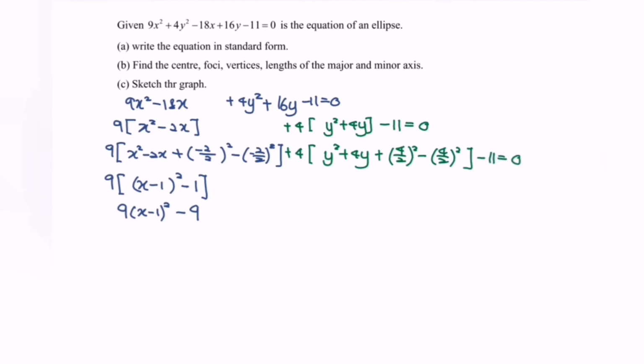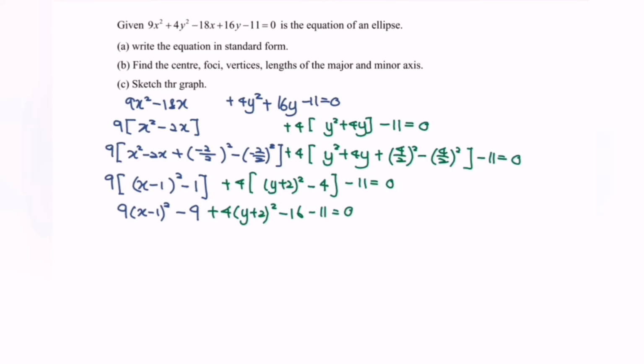Simplify: 4 bracket y plus 2 bracket square minus 4 over 2, which is 2, then 4 minus 11 equals 0. Expand: 4 multiplied by y plus 2 bracket square minus 16 minus 11 equals 0.